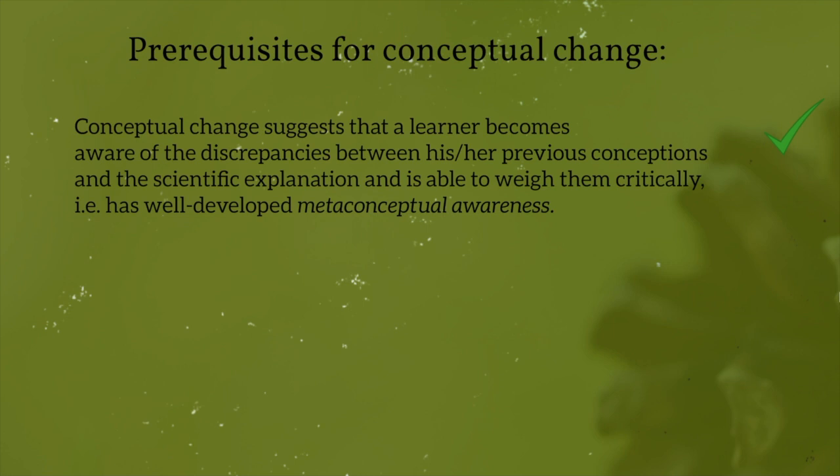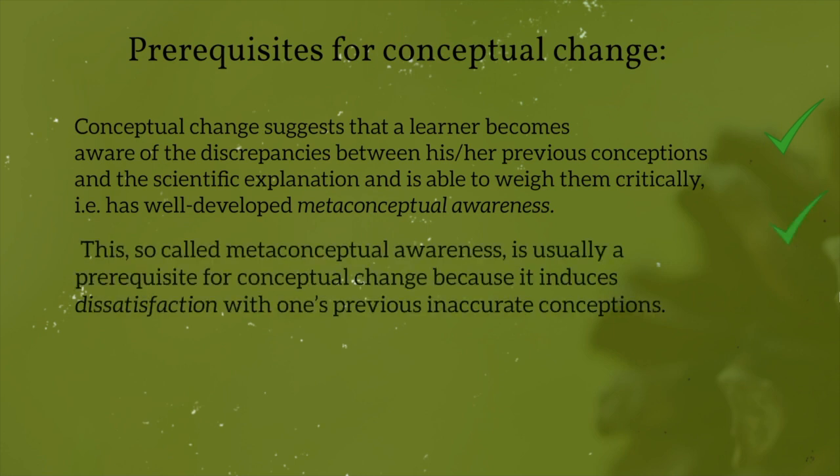At first, conceptual change suggests that one notices the discrepancies between one's previous conceptions and the scientific explanation and is able to weigh them critically. This so-called metaconceptual awareness is usually a prerequisite for conceptual change because it induces dissatisfaction with one's previous inaccurate conceptions.